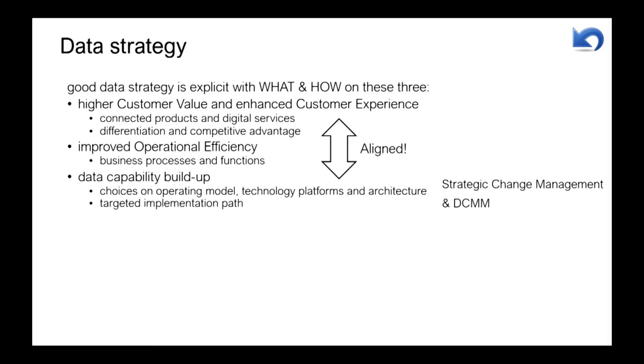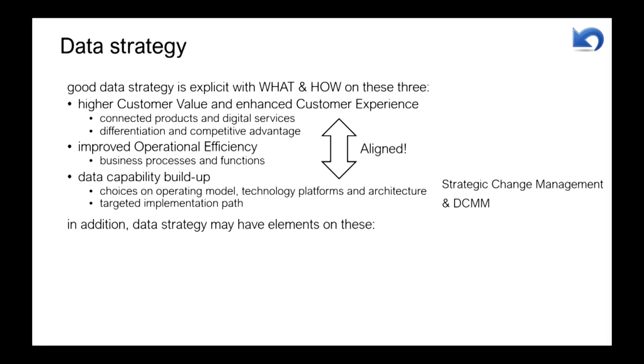The three data strategy domains need to be aligned. Data capability buildup must be rooted in strategic objectives in terms of product, services, and processes. And vice versa, no point of planning for analytics-boosted offering or operations if data capabilities are not there to back them up. In short, a good data strategy is integrated and aligned.